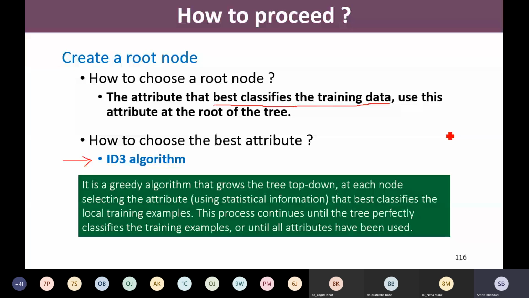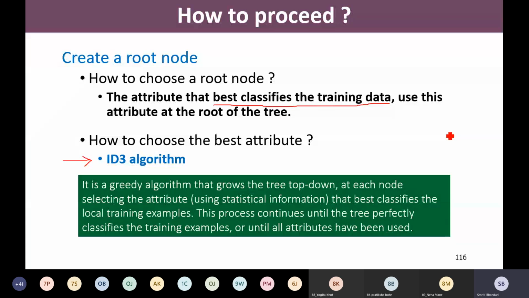We are going to have some mathematical treatment and some statistical parameters computed, and based on the statistical values, we decide which attribute best classifies the training data, and that attribute we pick as the attribute in our decision node. So this is how our algorithm works.